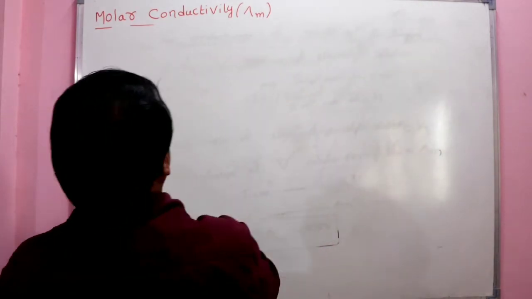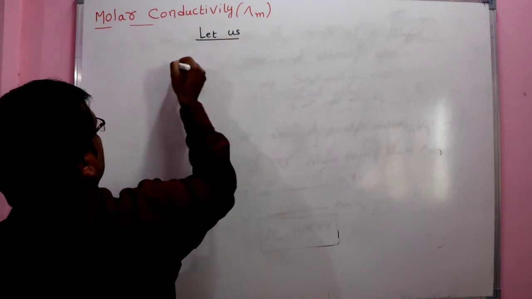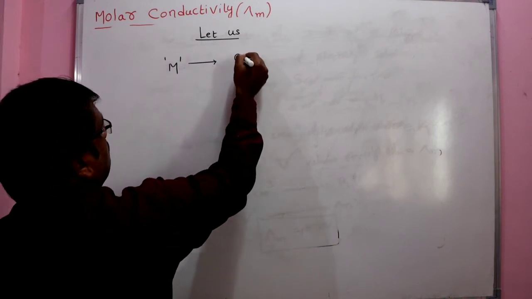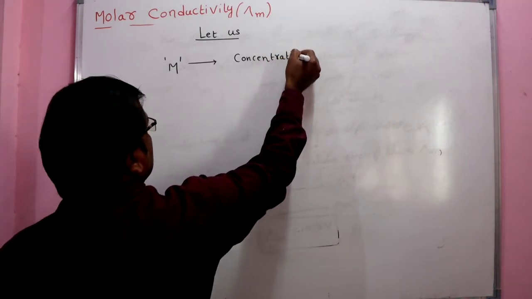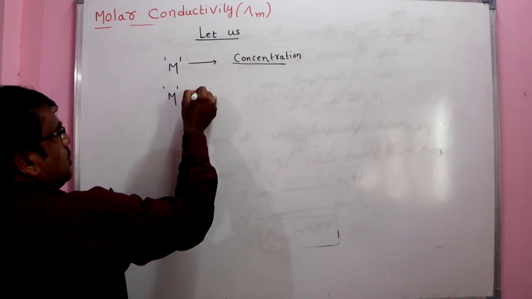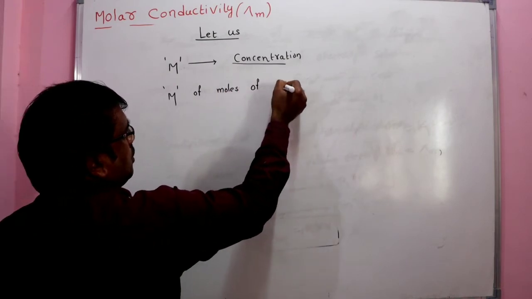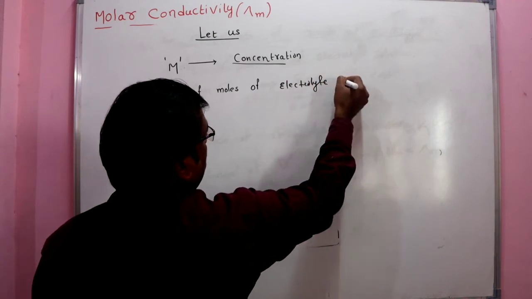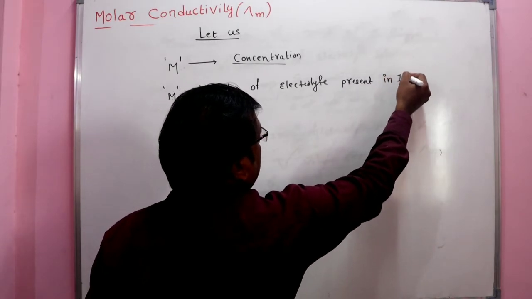Let us suppose M is the concentration of solution. M is the concentration means M moles of electrolyte present in how many liters? M moles of electrolyte is present in 1 liter.